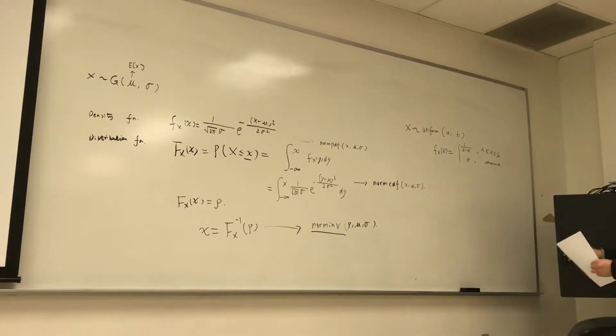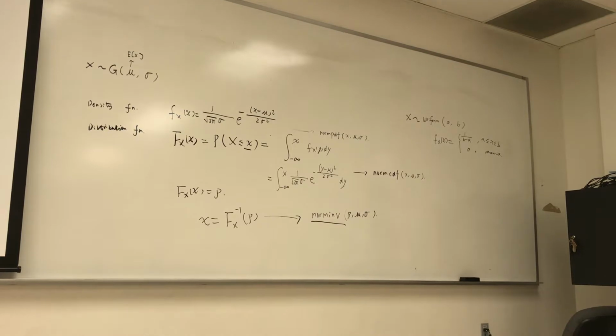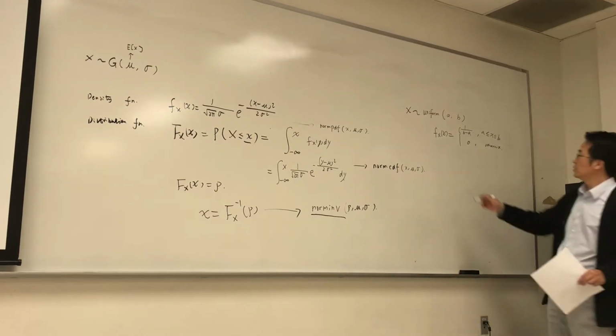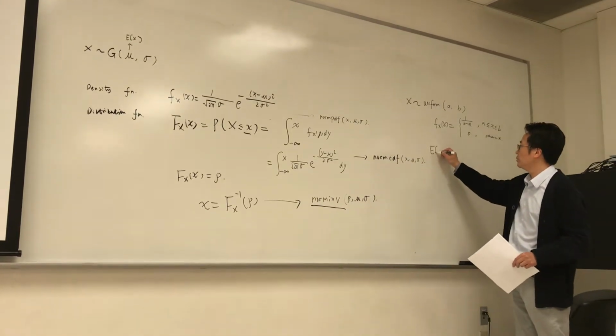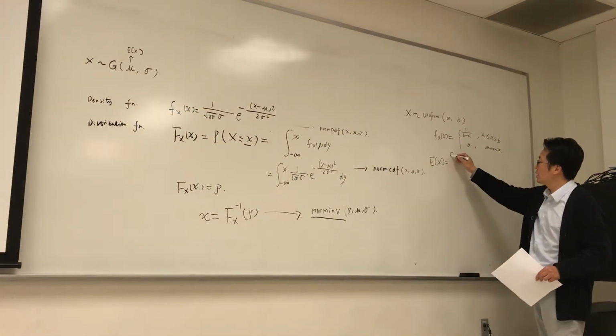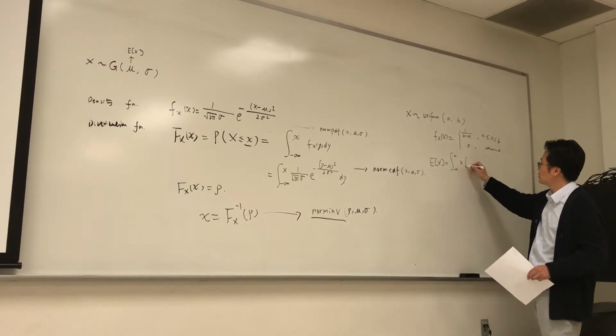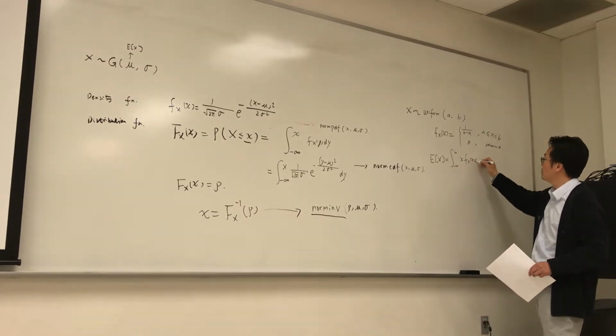And now let's just try to determine the corresponding mean value and the variance. And the mean value here, based on definition, should be x times the density function, right?